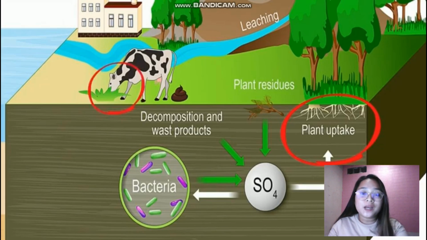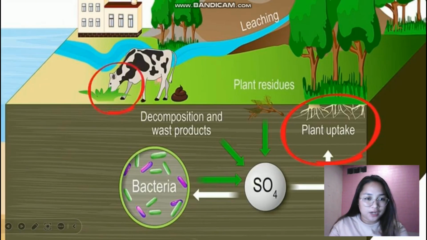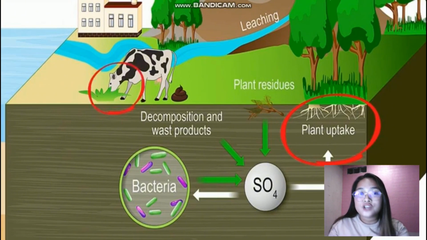As the soil absorbs the sulfate salt, the plants will then absorb the sulfur by absorbing the sulfate salt that is being absorbed by the soil. Animals in return will get the sulfur by eating the plants that also absorbed the sulfur from the soil. And then the animals will release the sulfur when they decay.